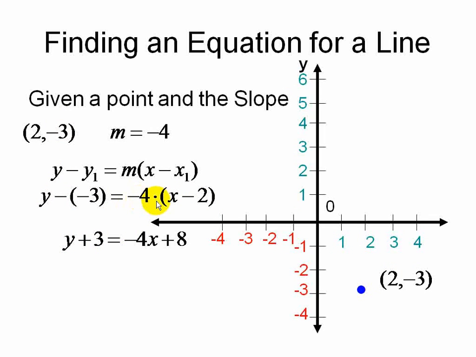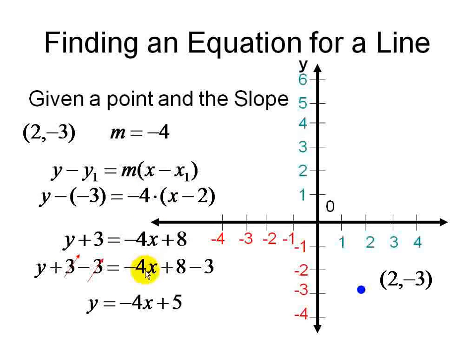So -4 times x is -4x. -4 times the -2 equals +8. Subtracting 3 from both sides of this equation yields the following, where the 3's cancel out on the left side, leaving y, and then -4x plus 5 on the right.